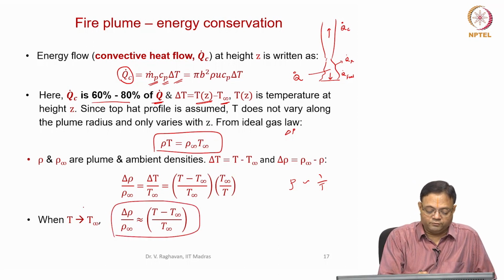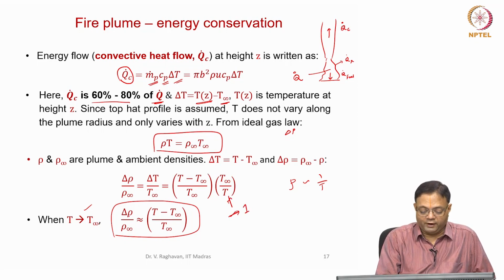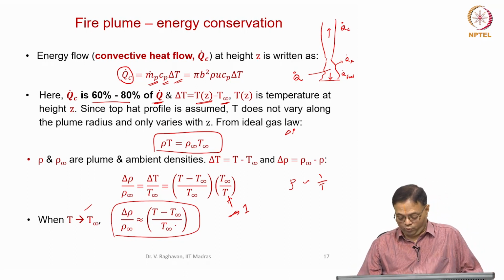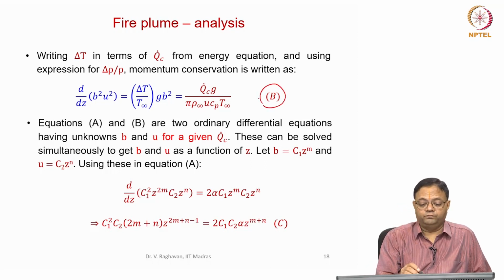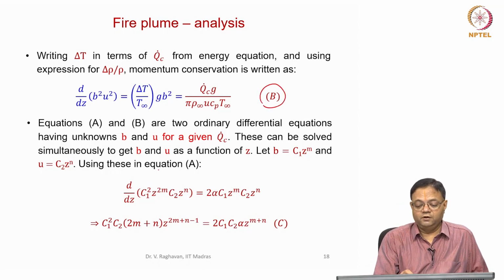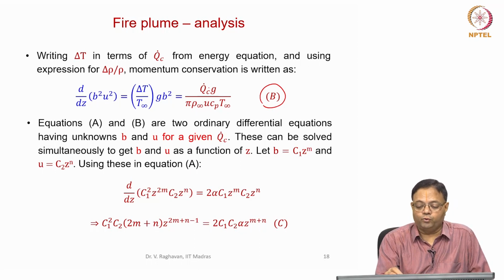Another assumption made is T tending to T infinity, so this ratio tends to 1. So now I can say delta rho by rho infinity equals delta T by T infinity. Using this, the conservation of momentum is written like this: d by dz of b square u square equals Q dot C, the convective heat flow rate, times g, divided by rho infinity pi Cp T infinity.